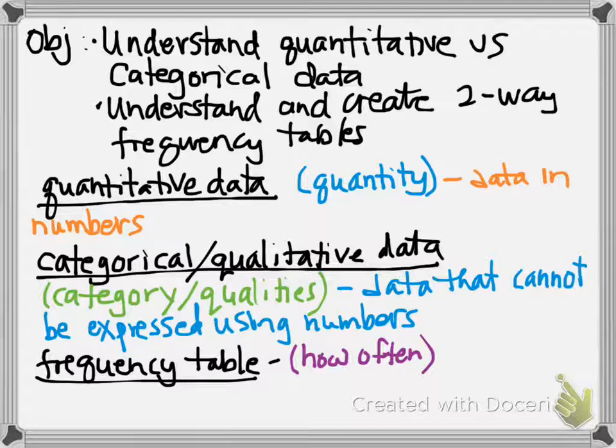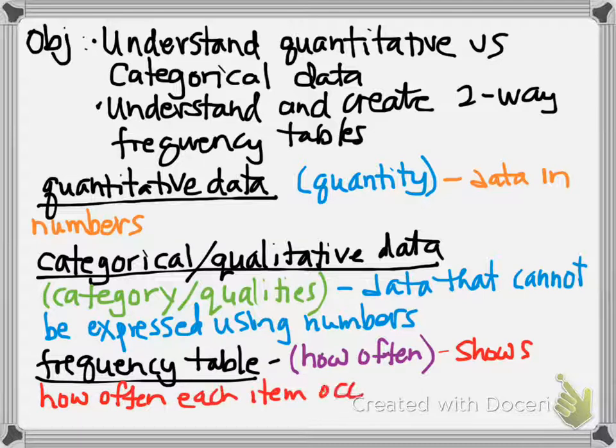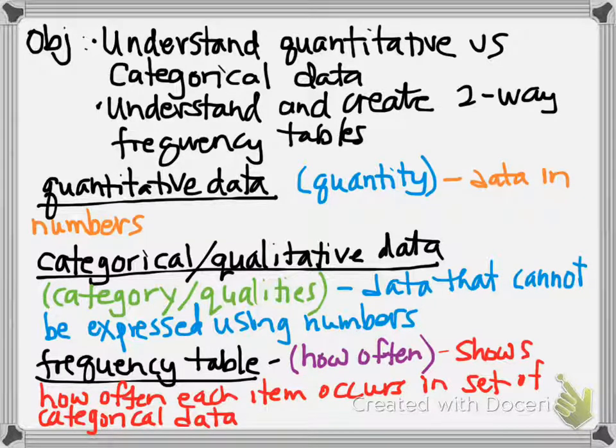Okay, just checking. So a frequency table shows how often each item occurs in a set of categorical data.